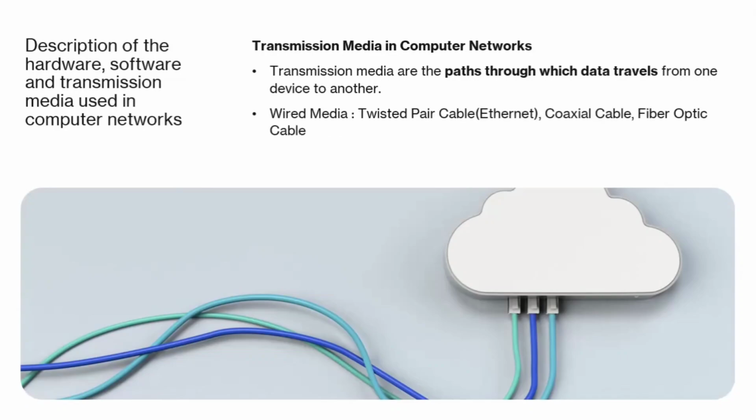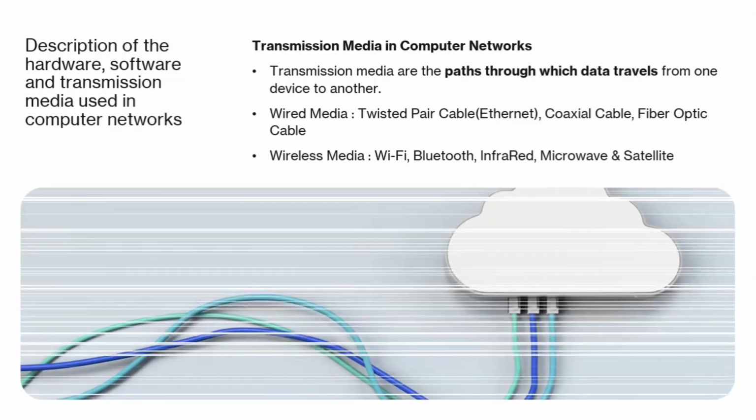We have wired media like twisted pair cable, coaxial cable, and fiber optic cable. We have wireless media like Wi-Fi, Bluetooth, infrared, microwave, and satellite.